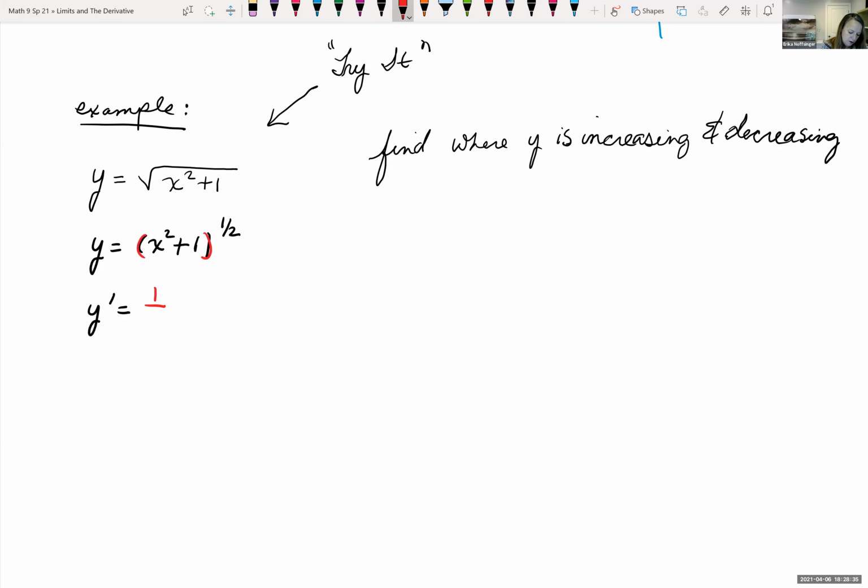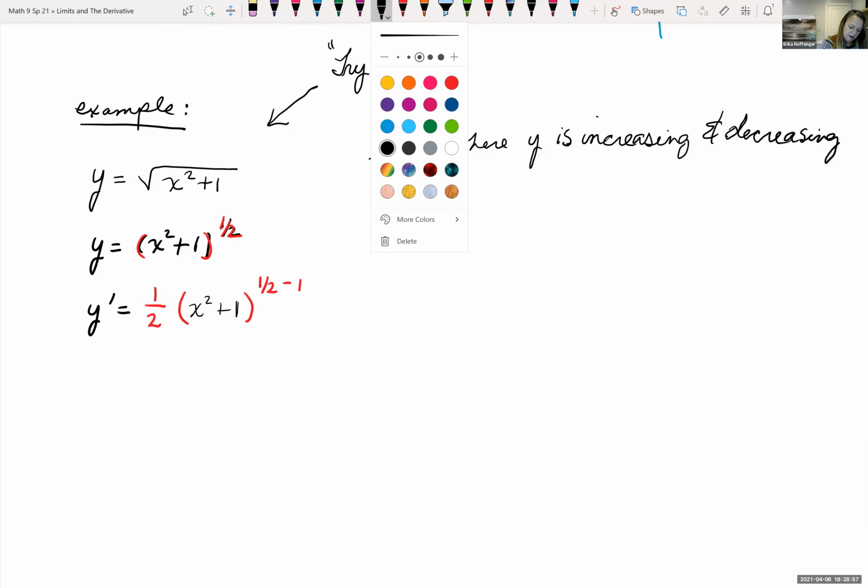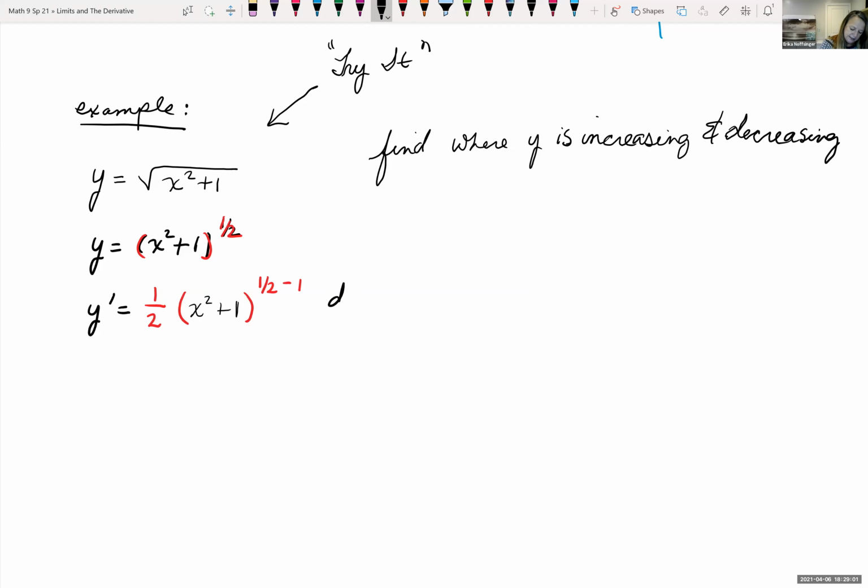So 1/2 of the inner, x squared plus 1, subtract 1 from the outer, times the derivative of the inner. So I'm going to just write d dx of the inner, which is x squared plus 1.